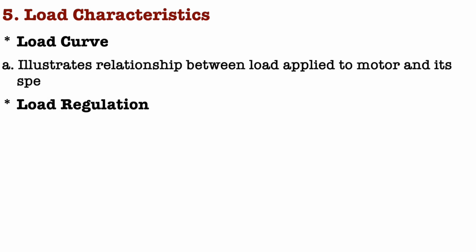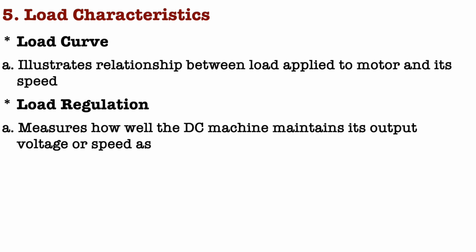Here we have load curve and load regulation. Load curve illustrates the relationship between the applied load to the motor and its speed, whereas load regulation is a measure of how well the DC machine maintains its output voltage or speed when there is variation in load.